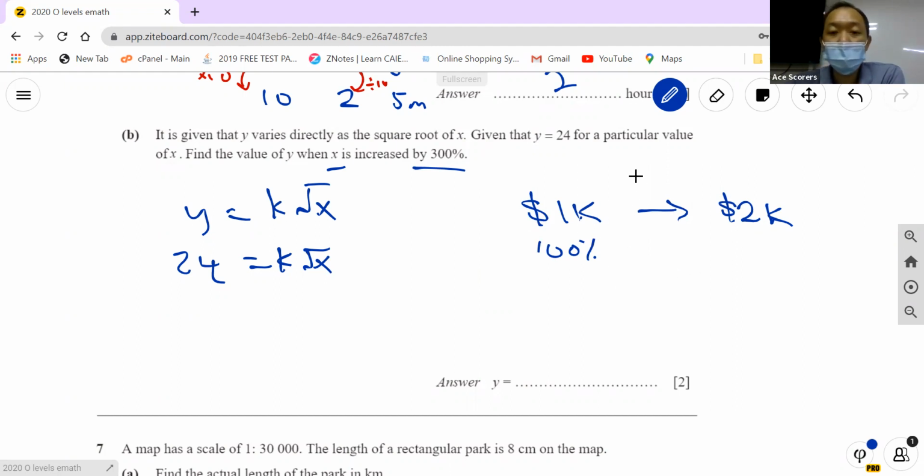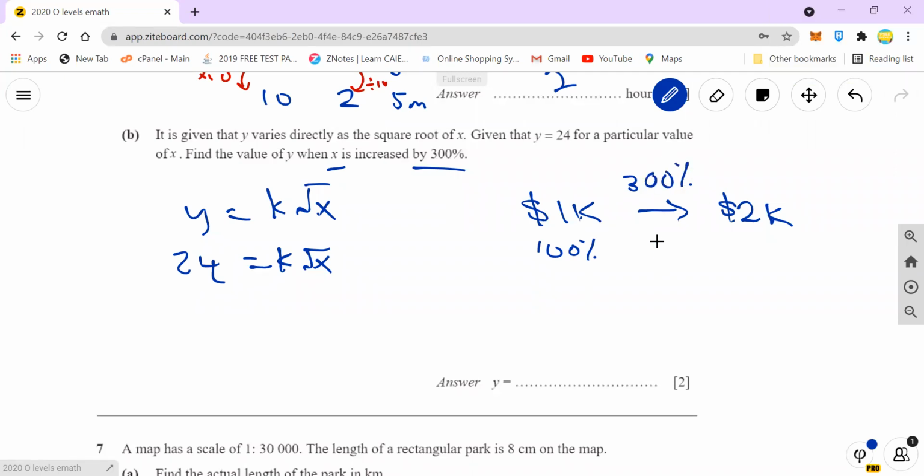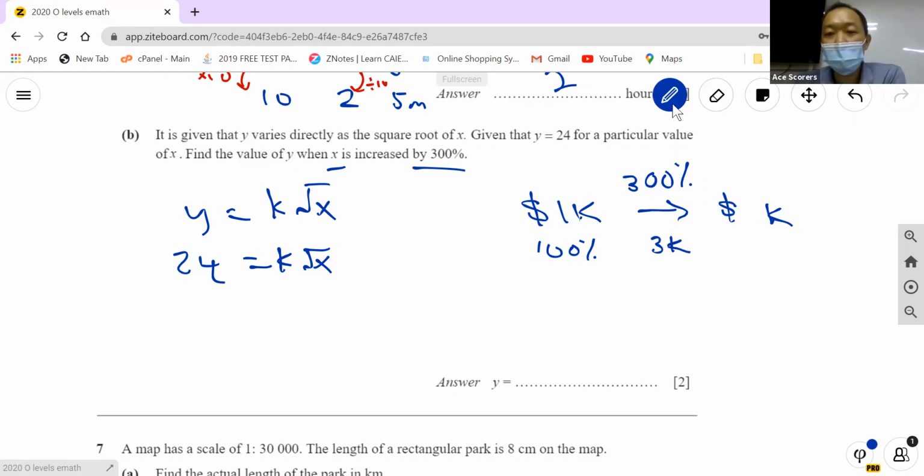So if you increase by 300%, 3x, 3K, right? So your new pay is now 3K? Your original pay is 100%. Increased by 300%, is your pay still 3K?